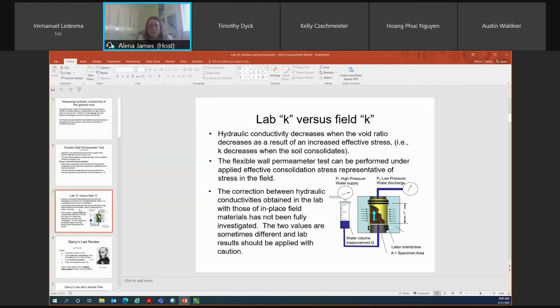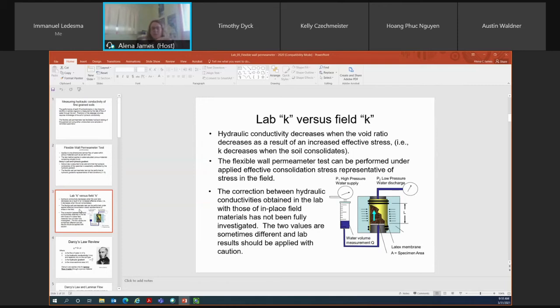And I think a good way to look at this is when you're taking a specimen from the field. You take a Shelby tube sample, and that sample is from a very discrete point within the soil mass. But if we think of that clay material as a much larger mass of soil, there are inherent differences.